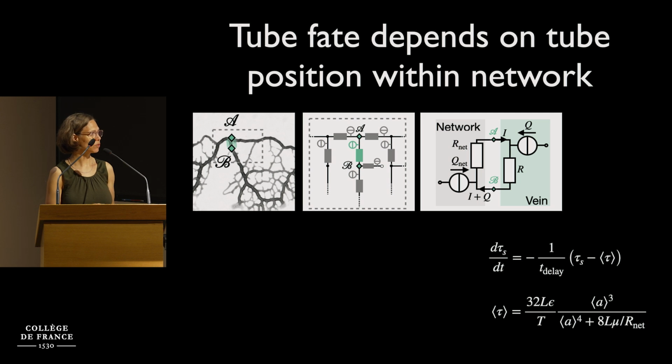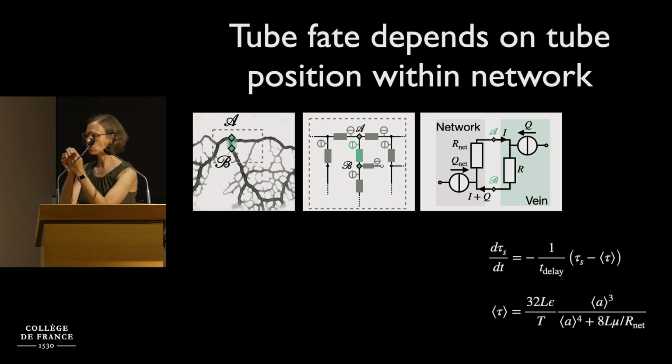So remember, this was our equation for the adaptation dynamics of the sensed shear relative to the shear of the fluid flow. And now I tell you that the shear in the flow is actually given by this expression. And what is the important insight is there's this one variable down here, R_net. So this is the equivalent resistance of the remaining network.